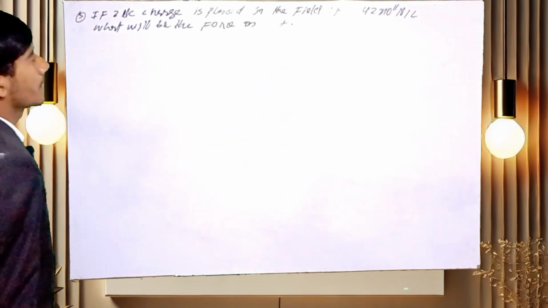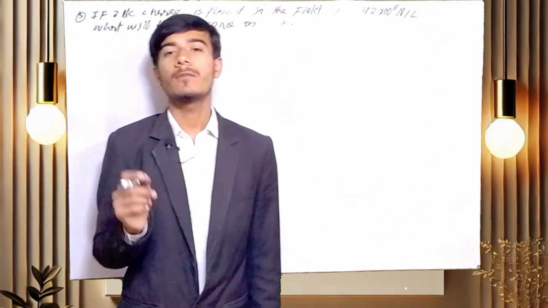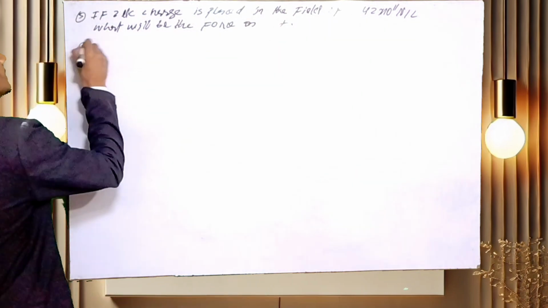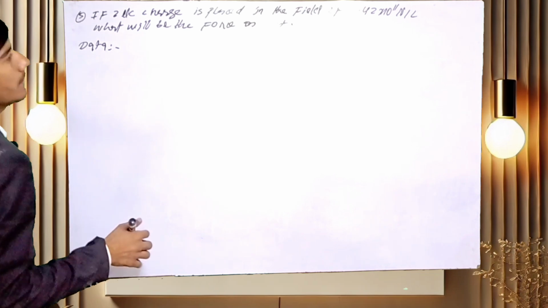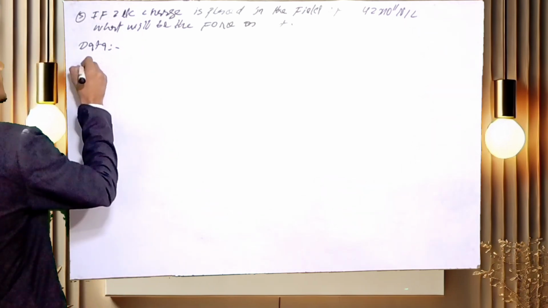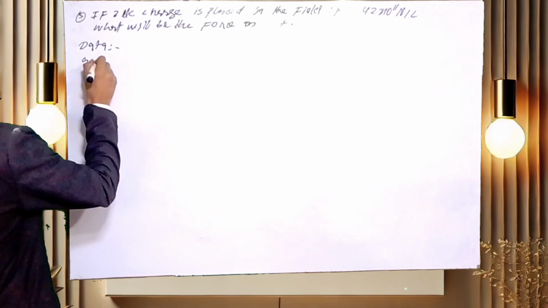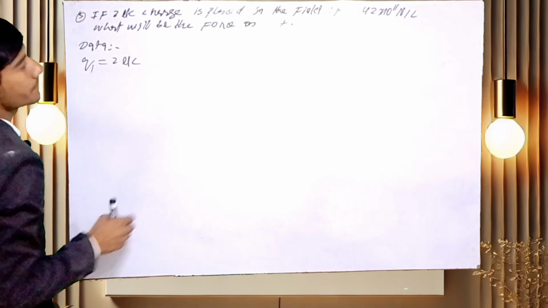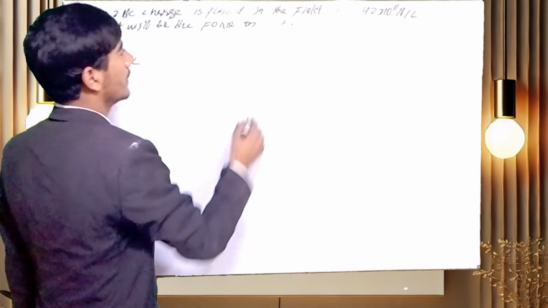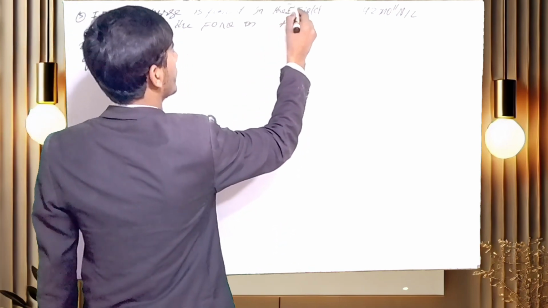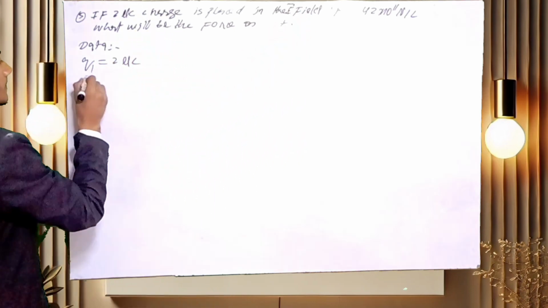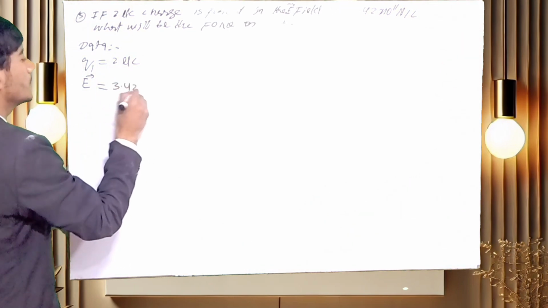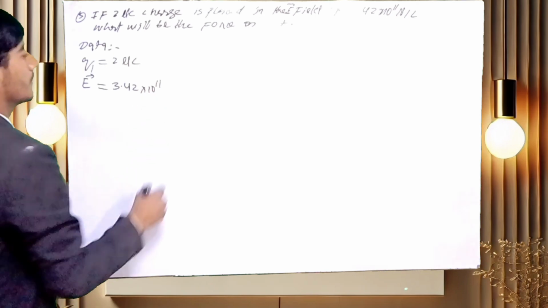If you have understood the concept of electric field, you can also solve it. So what is the data telling? The charge Q1 is equal to 2 microcoulomb, and the electric field is equal to 3.42 into 10 power 11 Newton per coulomb.